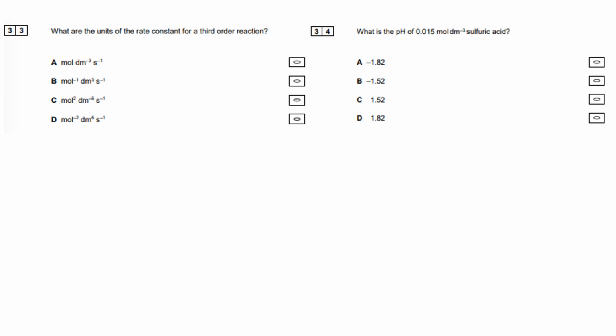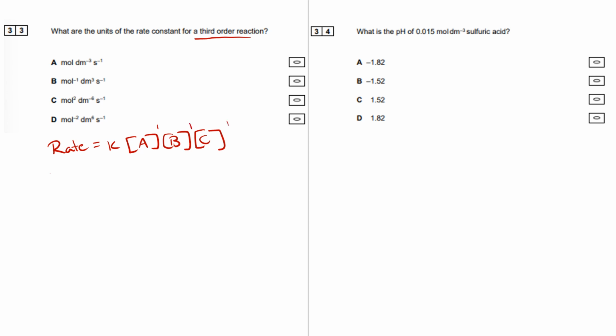Question 33. What are the units of the rate constant for a third order reaction? So we looked at calculating units for a rate constant back in question 12. If it's a third order reaction, I'll go through step by step how to calculate it. It doesn't matter if you've got 3 reactants or if it's just A to the power of 3. You've got 3 concentrations, third order overall.